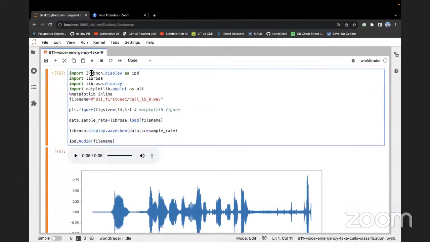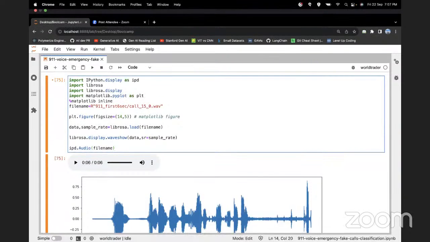So IPython is basically interactive Python. Right now we are working in an IPython notebook, right? Jupyter Notebook is an interactive Python notebook. So this interactive Python also provides other features like looking at images, videos inside of Python. So here we are using the audio capabilities of it to play audio inside Python. I hope that is clear, Shweta.